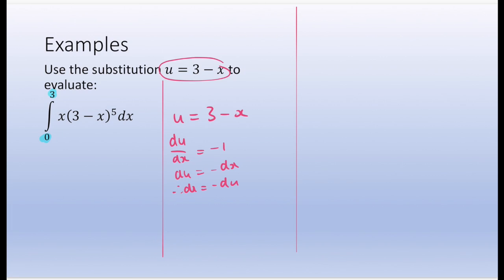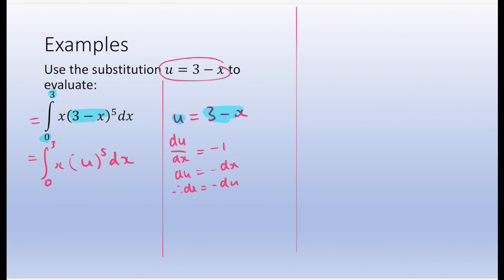Okay. The next thing I'm going to have to do, actually I'll explain it whilst we do this. So let's rewrite this with the information that we have. We've got the integral from 3 to 0 of x, u to the 5, because that's the substitution that we've made. Okay, so that's our u, and dx.